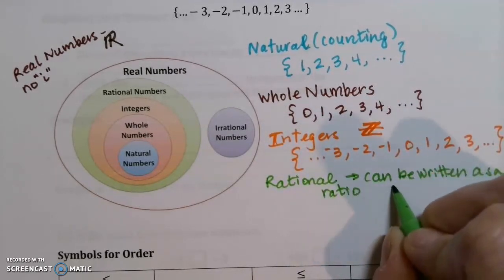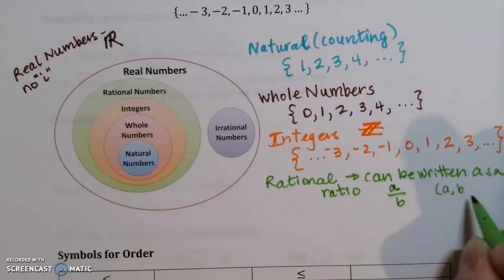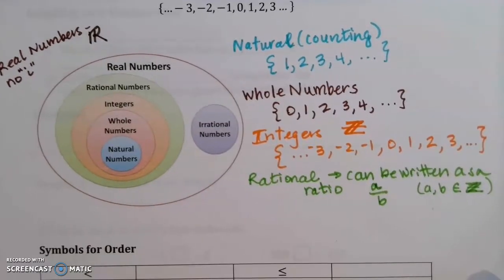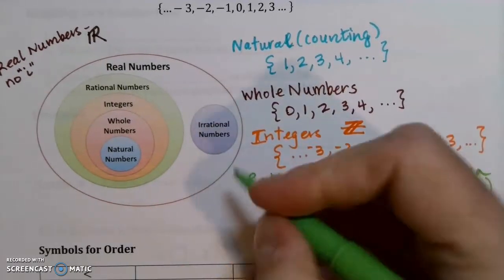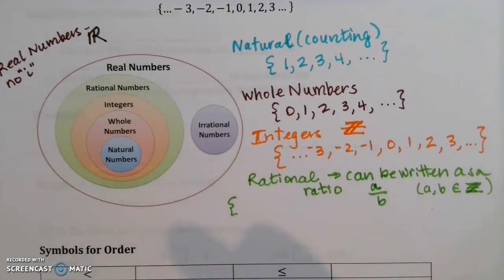Now, so anything where I can have like a over b, where a and b are both integers, so members of this set of integers. And those things in rational numbers, so there's a lot of them in here, just as long as you can write it as a ratio.